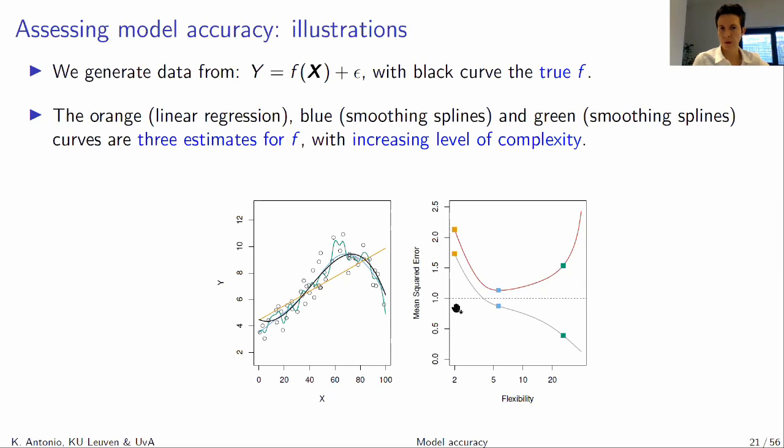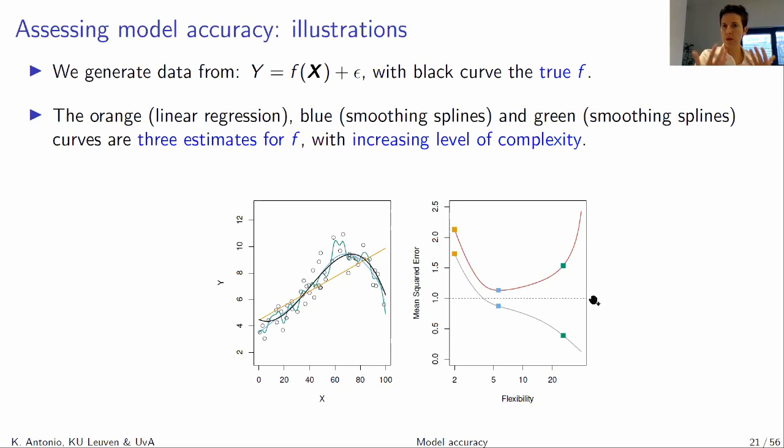Yes, very good, Jonathan. So we know that we can never get this test mean squared error below, it cannot go below the irreducible error, and this irreducible error is captured by the variability of the epsilon. And because this is a simulated setting, I know what this variability is, and I can picture it here on my graph.